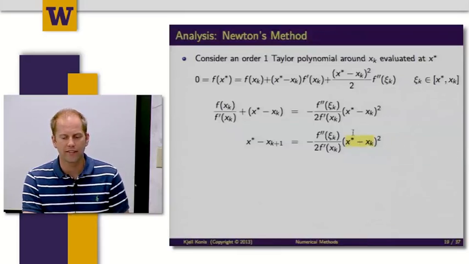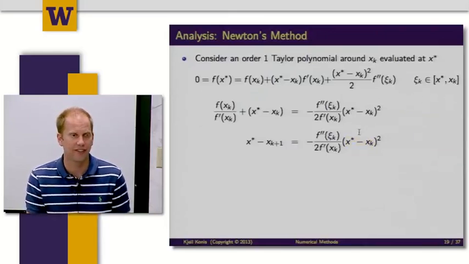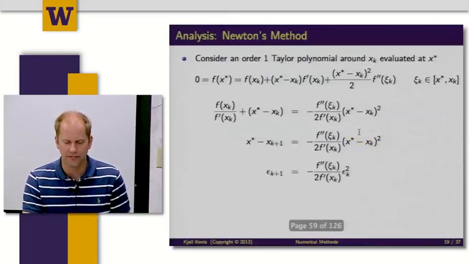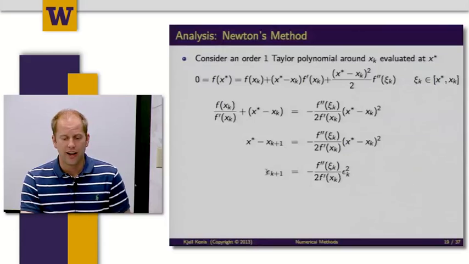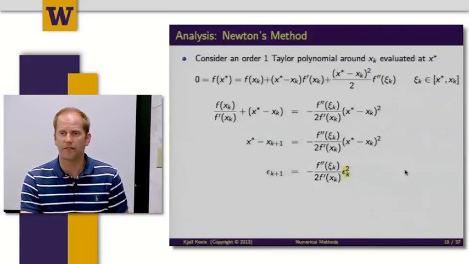It's the distance from where I am in the kth step, one step before the left-hand side, but this time it's squared. So if I replace these with epsilon for the error, I see that the error after k plus 1 steps is a function of the error after k steps squared.